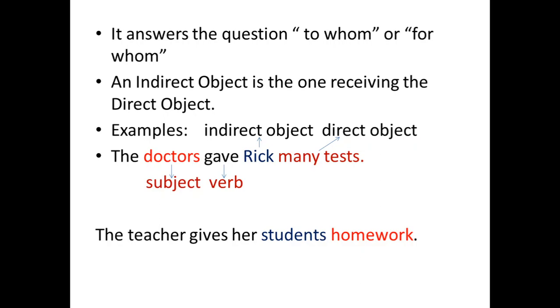Homework will be your direct object. And let me ask you this question. What came before the direct object? Correct. The indirect object came before the direct object, which is students.